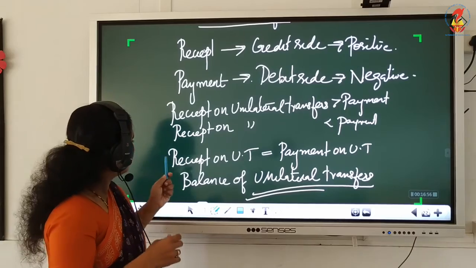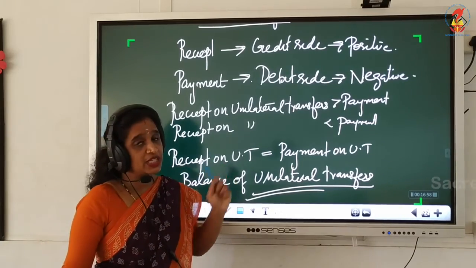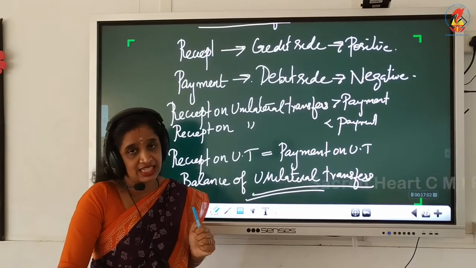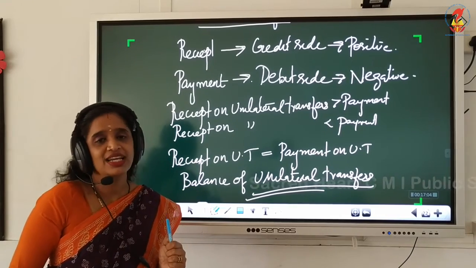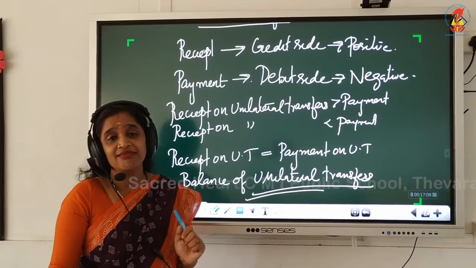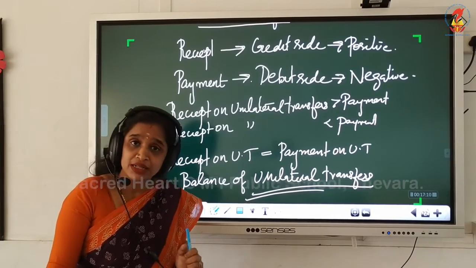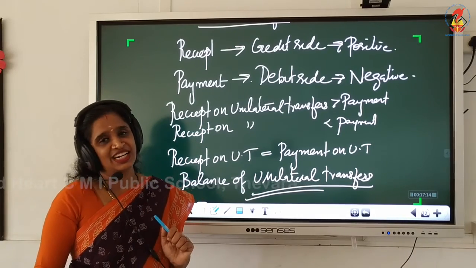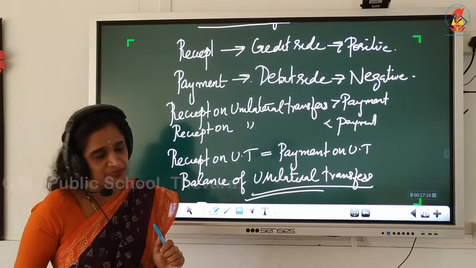Okay, now when the receipt on the unilateral transfer is equal to the payment on the unilateral transfer, we can say there is a balance on unilateral transfers. Therefore, the third item in the current account is also balanced. The third item in the current account is unilateral transfer, and that is also balanced.